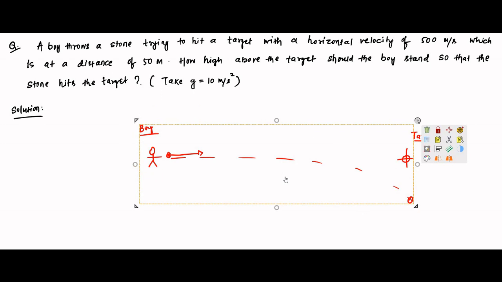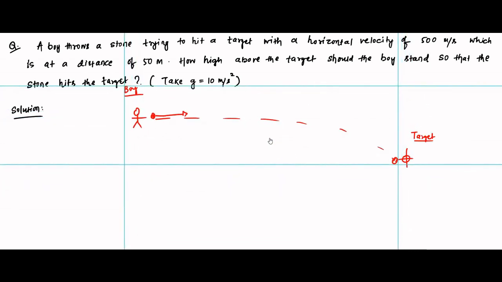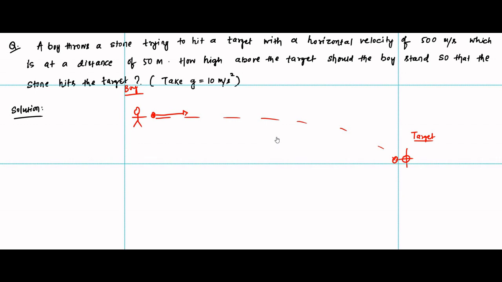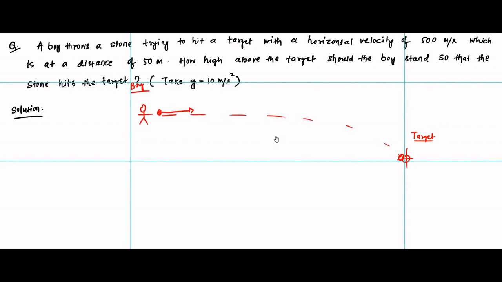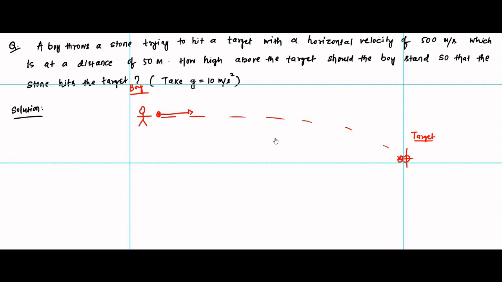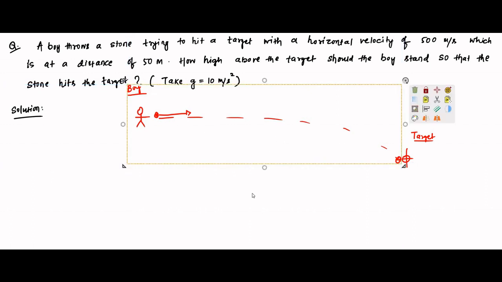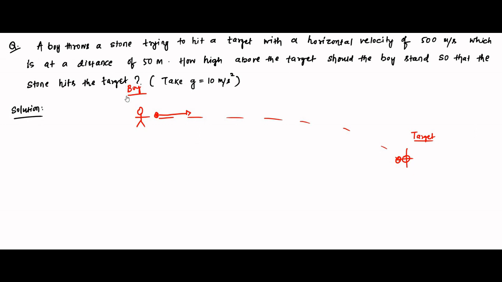He should stand a bit higher, only then the stone will hit the target. So here we have to calculate how high the boy should stand so that the stone will hit the target. That is our objective.